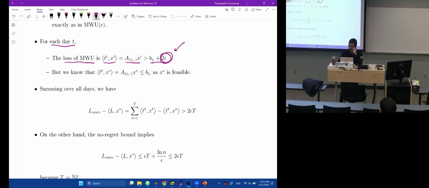Why do we have 2 epsilon? Because we exactly choose the row such that this constraint is violated a lot.